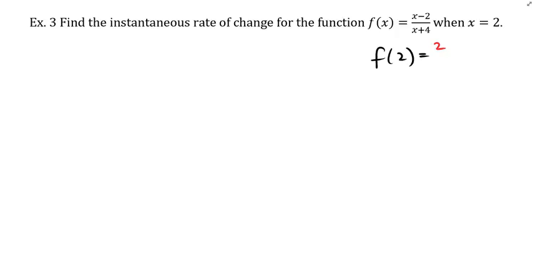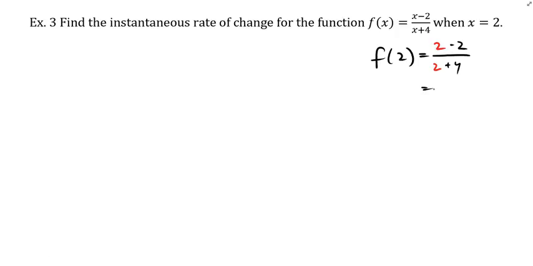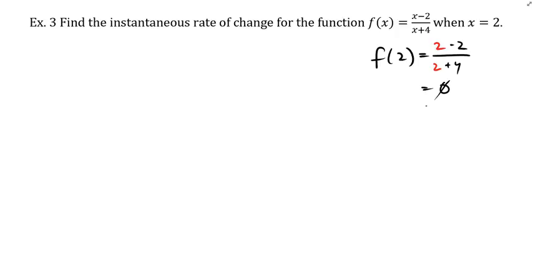So 2 minus 2 over 2 plus 4, 0. Zero over 6 is 0. There's nothing wrong with that. We're just finding the instantaneous rate of change at an intercept.